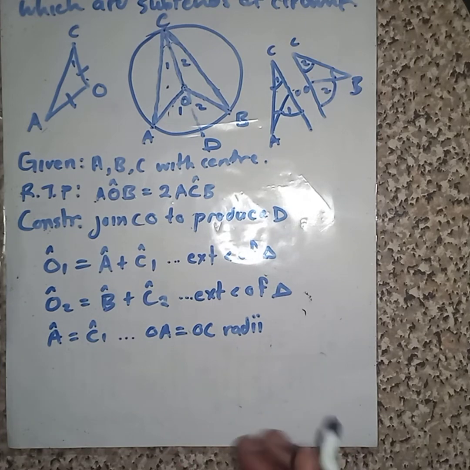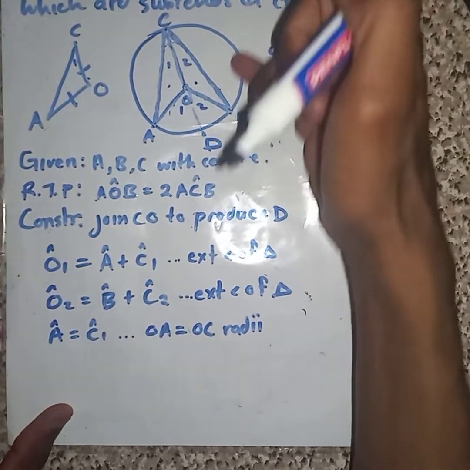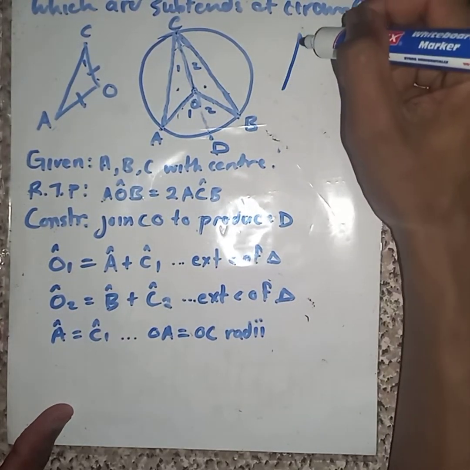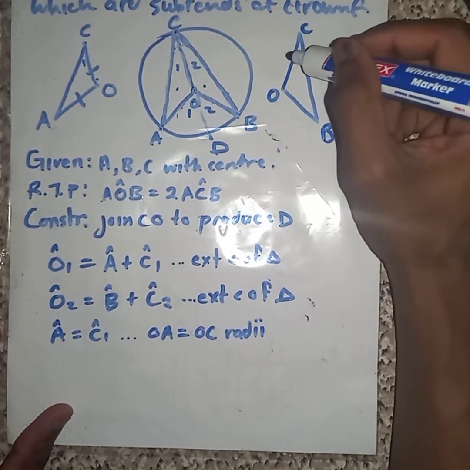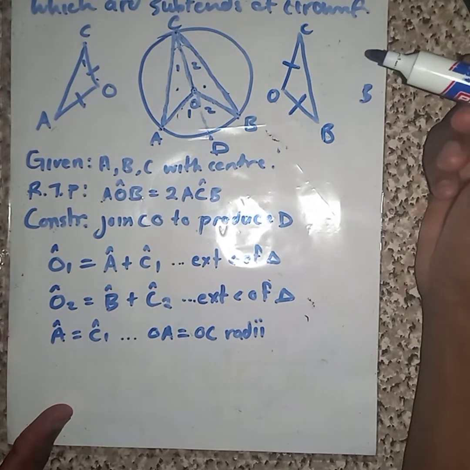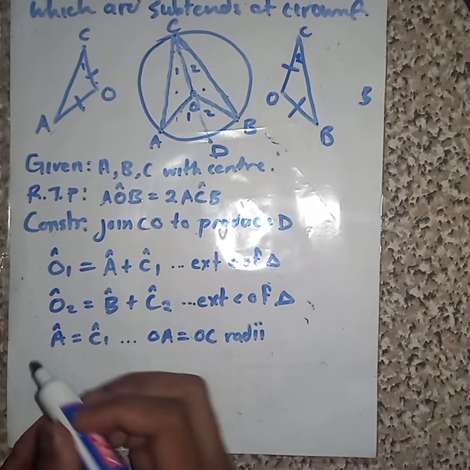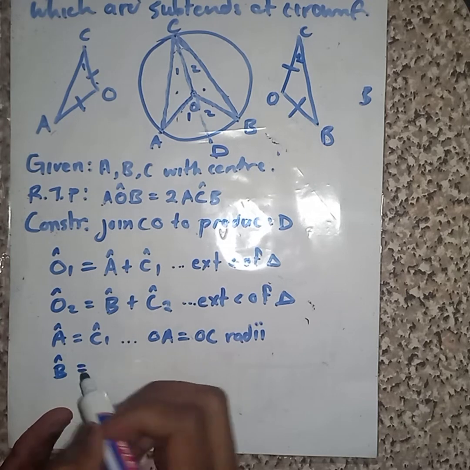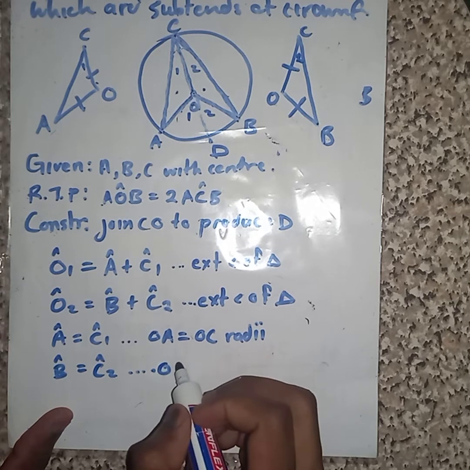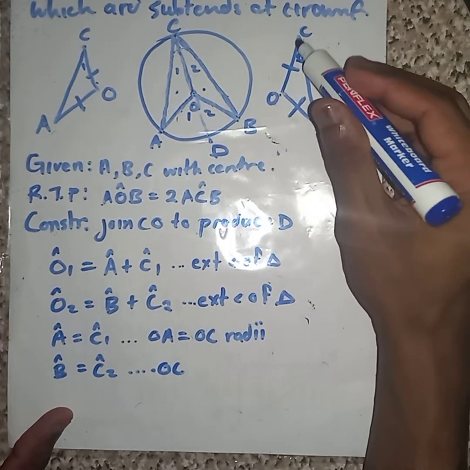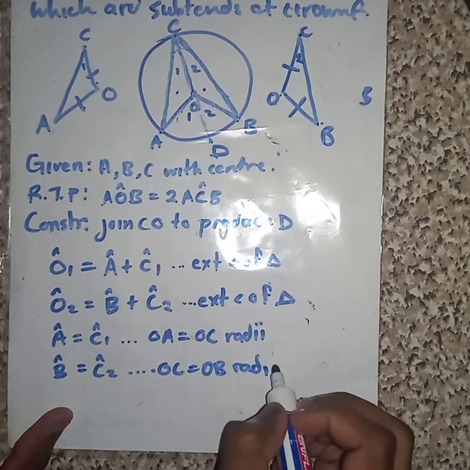Let us also do the same on this triangle. Let me write it here. We also have this triangle, which is O somewhere there, C there with B. This radius is equal to this one. Then angle B will be equal to angle C2. Now we have two radii, which is OC with OB, those are your radii.